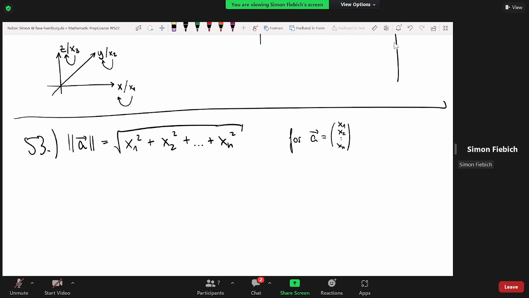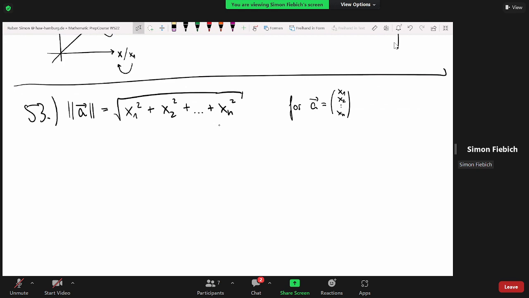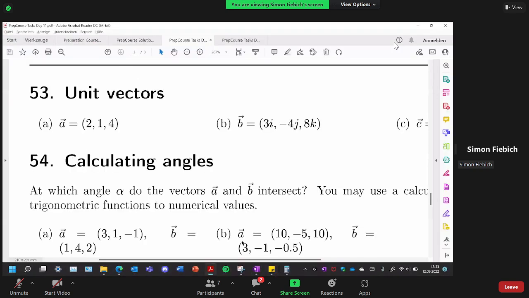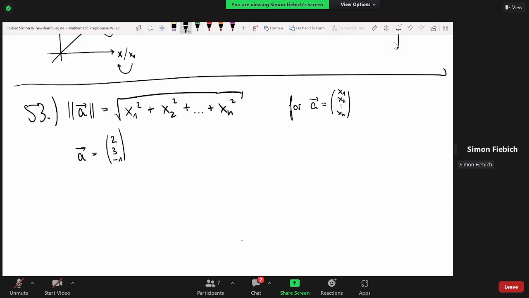Okay, yeah. How does this help us in order to find the unit vector to the given vector a equal to, I think it was 2, 1, 4? How to find the unit vector corresponding to this vector?